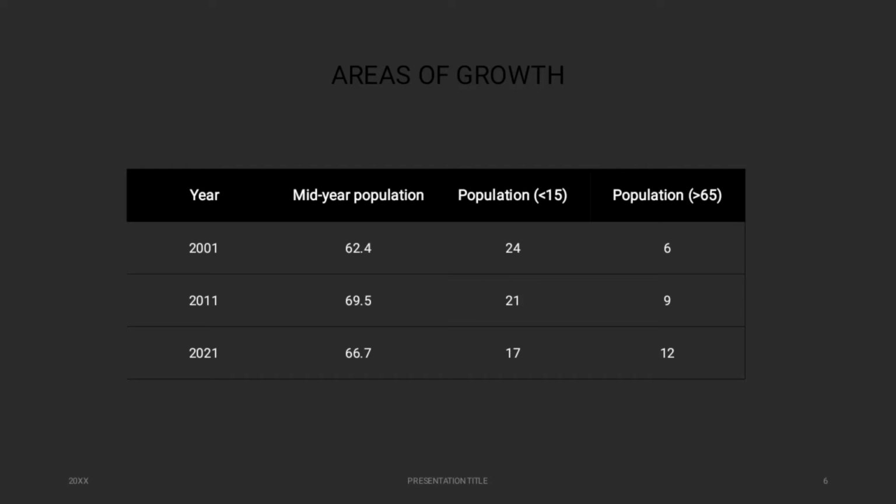And in the comparison of the population by age below 15 and above 65, the average of the population aged below 15 overran the population aged above 65 in the three consecutive decades.